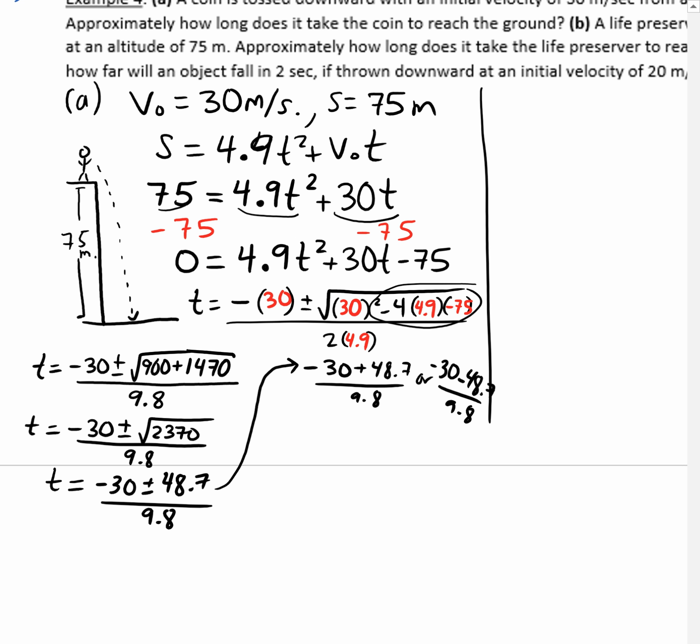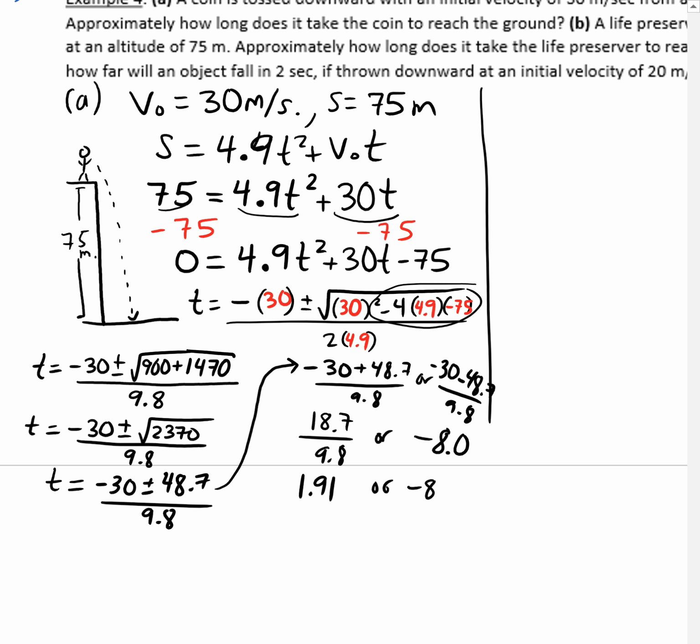And if you simplify those, the first guy, if you combine the numerator, that's 18.7 over 9.8, which I imagine is around 2. 18.7 divided by 9.8 is 1.91 or so. Or the other guy, you're going to get a negative number. 48.7 divided by 9.8 is about negative 8.0 or so, if you round it to the tenths.